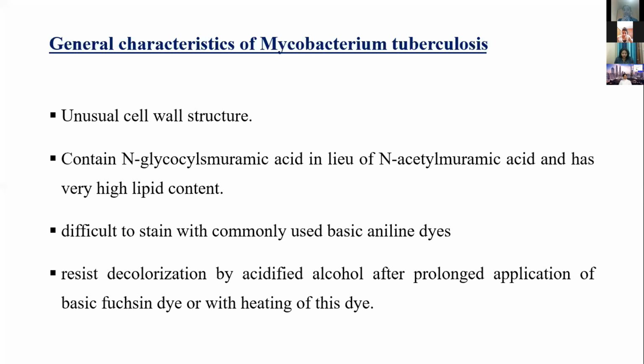Because of its unusual cell wall and high lipid content, this bacteria resists decolorization by acidified alcohol after prolonged application of basic fuchsin dye or with heating of this dye. So here comes the challenge that we need special stains for this bacteria in order to identify them and make an appropriate diagnosis of tubercular lymphadenitis.